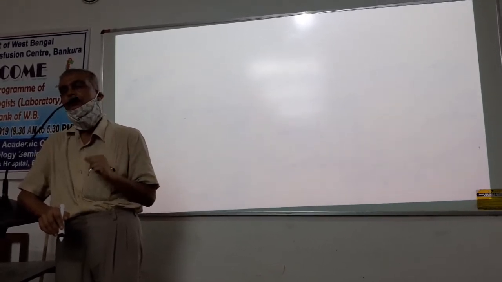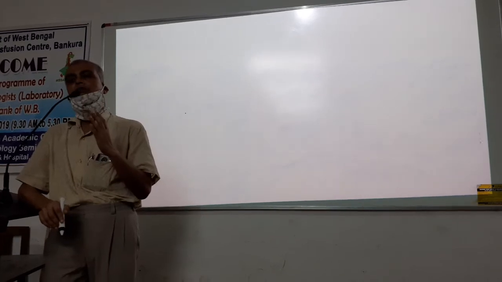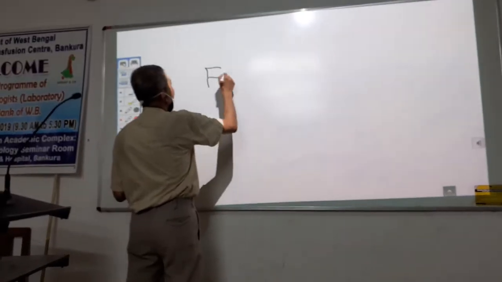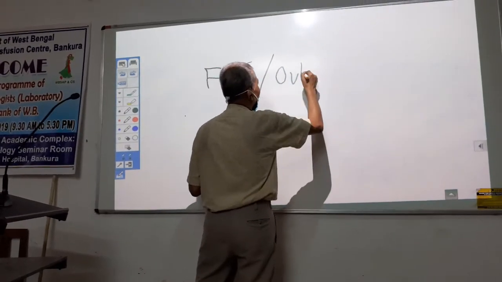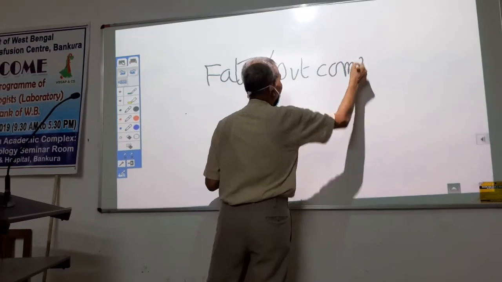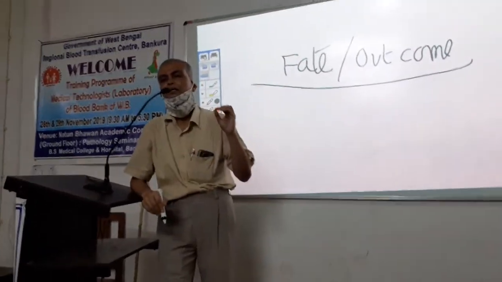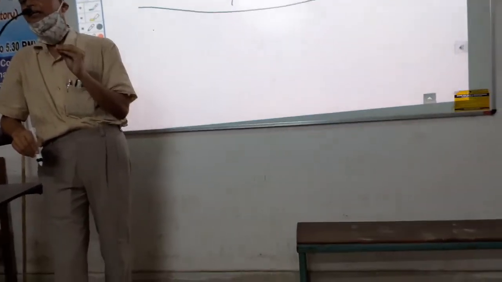Now, what will be the fate or outcome of the plaque? A plaque usually occurs eccentrically in a blood vessel.